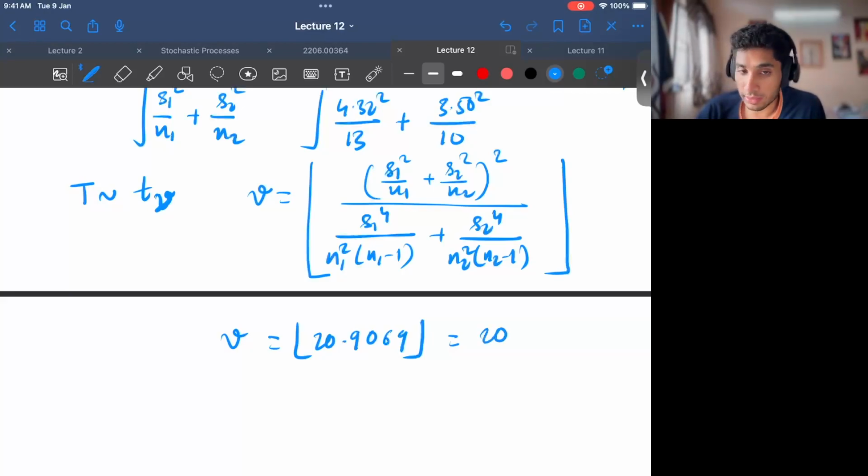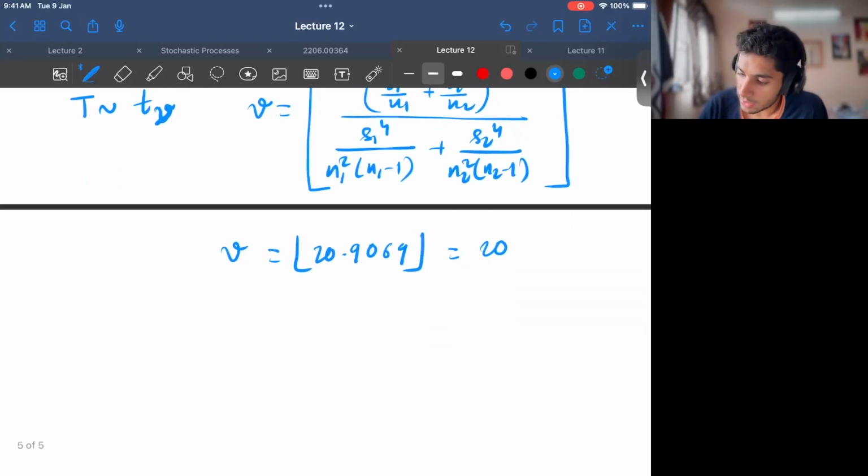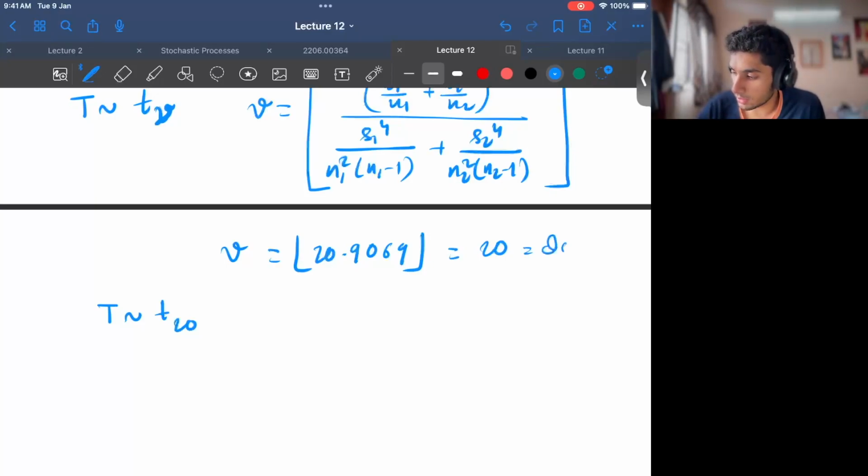That is simply 20. So nu comes out to be 20. So T is actually distributed according to a T distribution with 20 degrees of freedom.